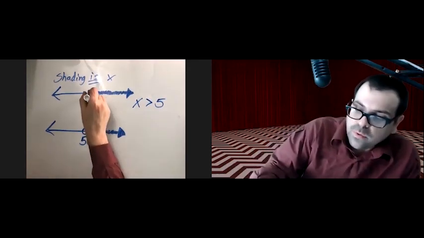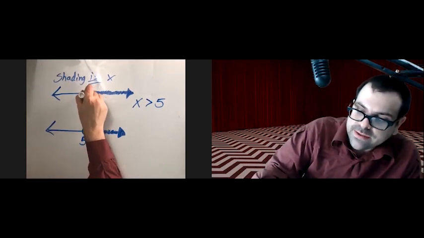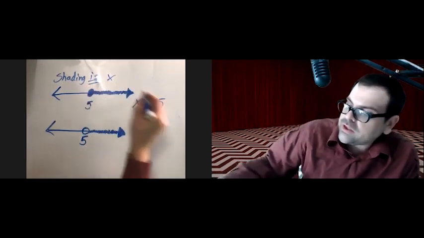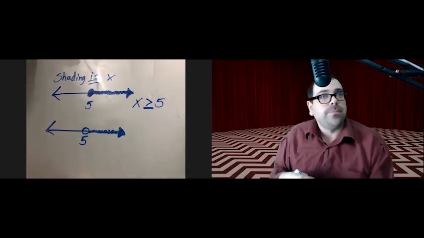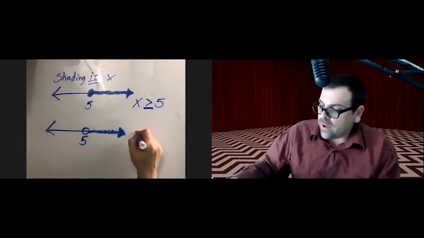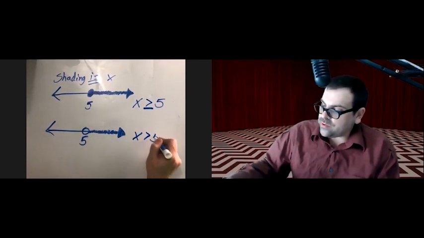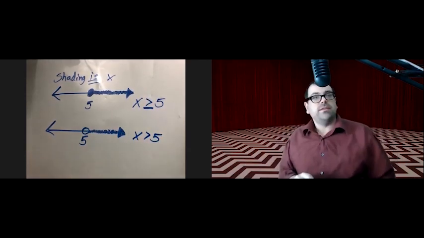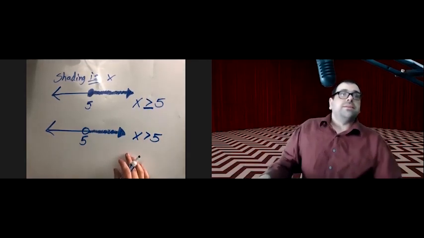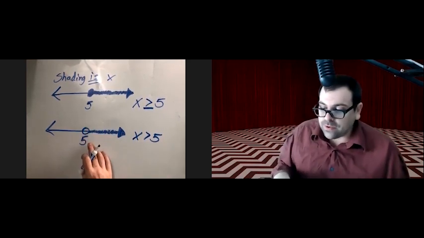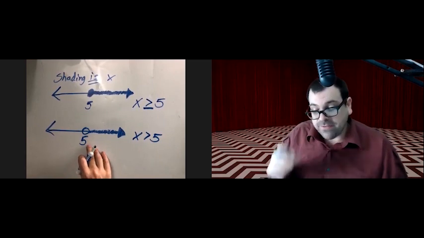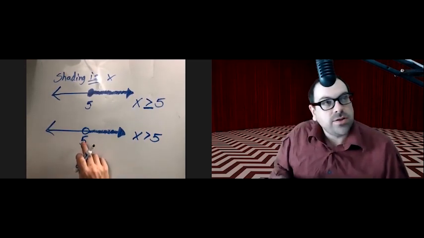And when we have the point filled in like this, that actually means greater than or equal to. The one that's not filled in, that's just normal greater than. It means that 5 would not be a solution. The fact that 5 is an open circle is showing us specifically 5 is not shaded.